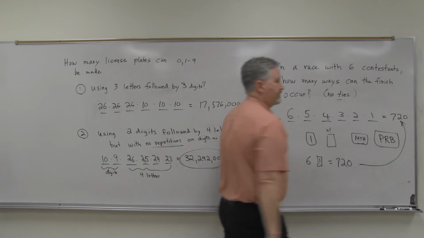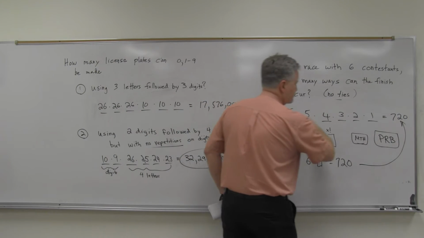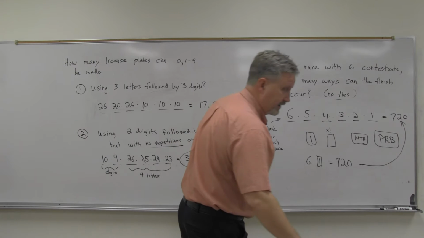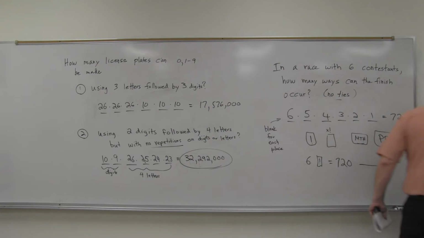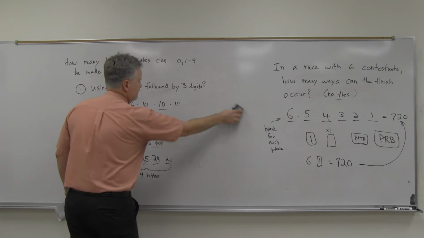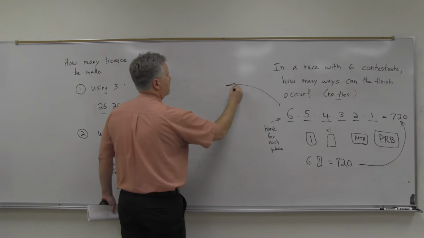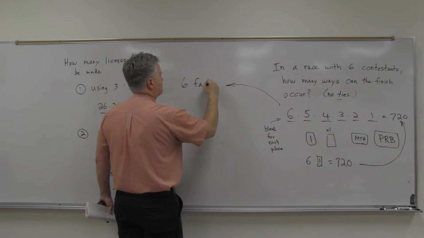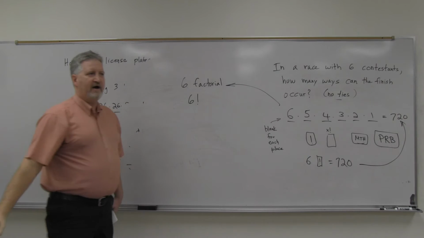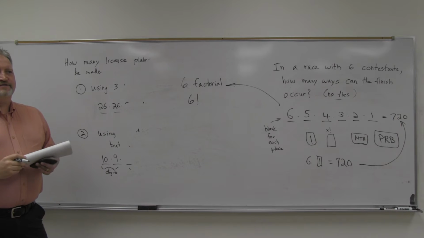Matching the number here. The reason that matches is because what this is, is what's called a factorial, and the factorial is represented with the exclamation button here. This is what's known as 6 factorial, and it's symbolized by the exclamation point. 6 with an exclamation point is 6 factorial.